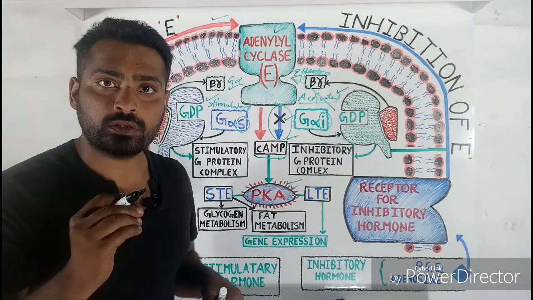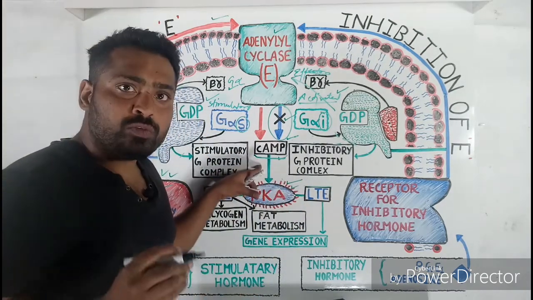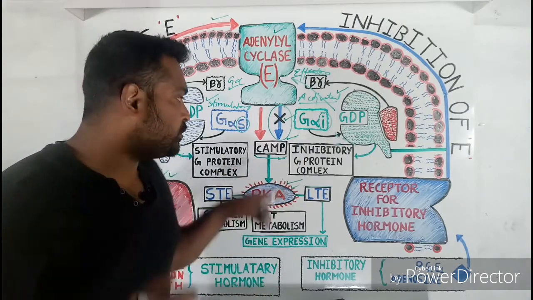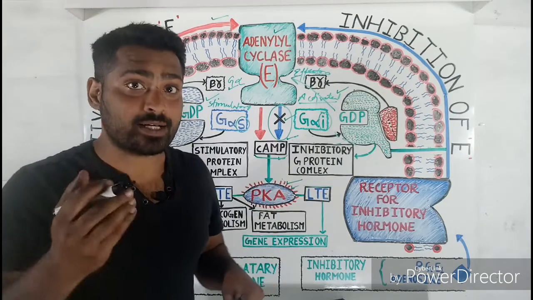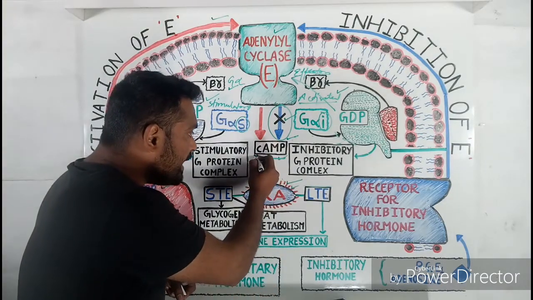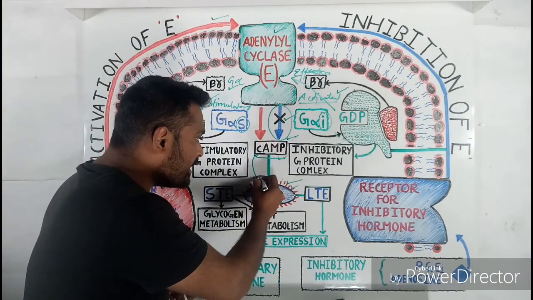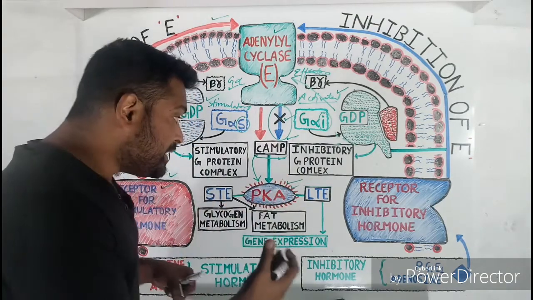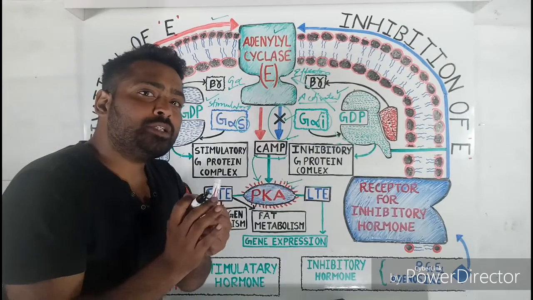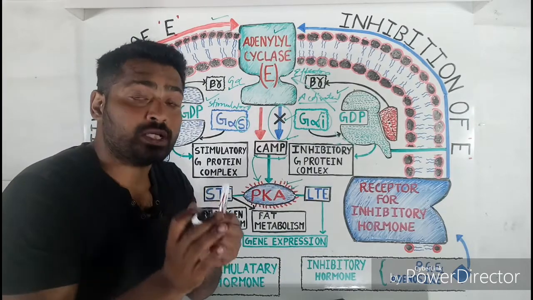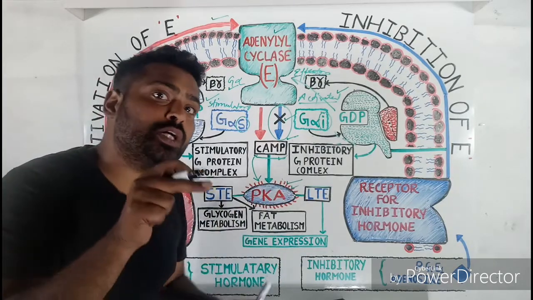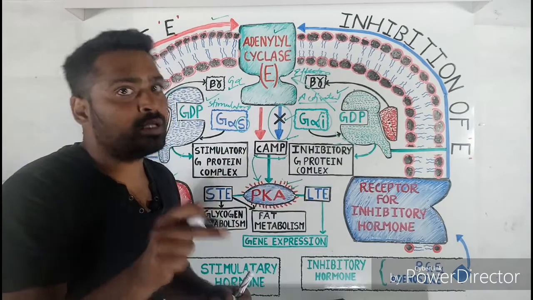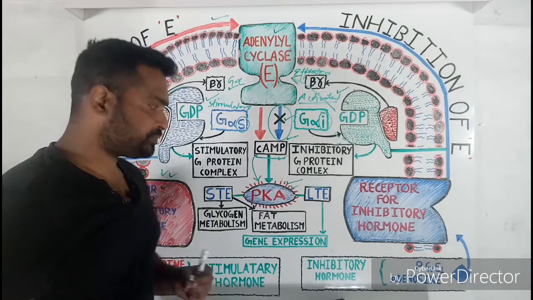What does this mean? The effects which we are going to see are actually not executed by cAMP. Instead, this cAMP activates the enzyme PKA, that is protein kinase A, which in turn goes and binds to the target proteins or enzymes and then phosphorylates them. And then those enzymes are stimulated, then we get the effects.